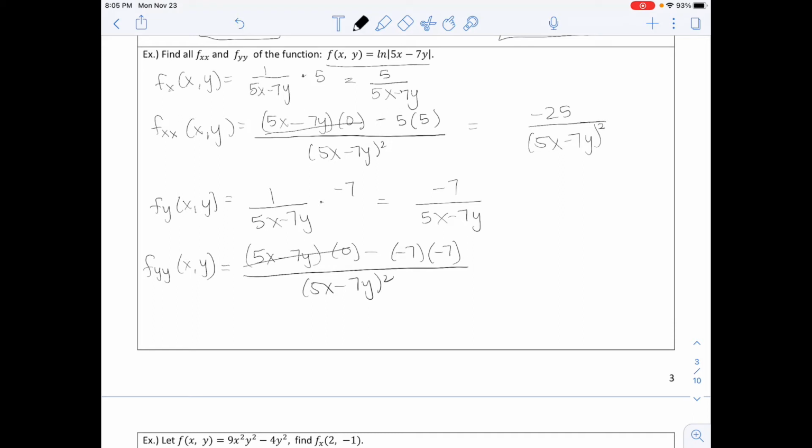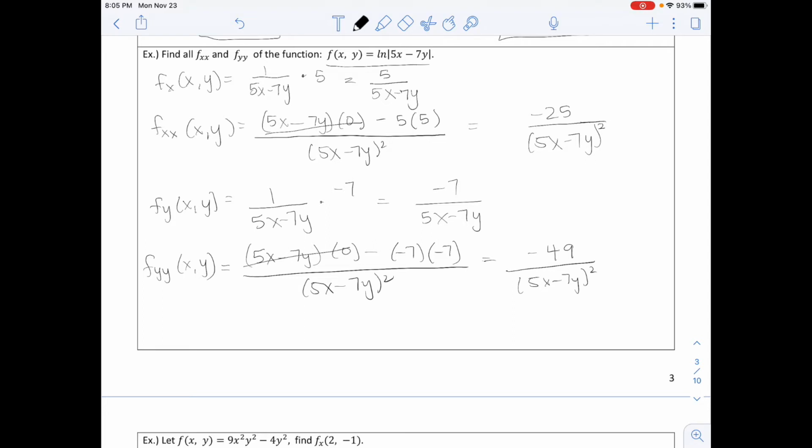So the first term is going to be a 0 there. We have negative 7 times negative 7, which is positive 49, but times the negative would be negative 49, divided by our denominator, 5x minus 7y quantity squared.